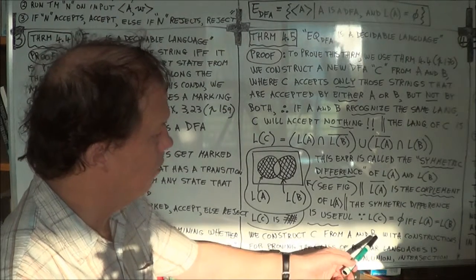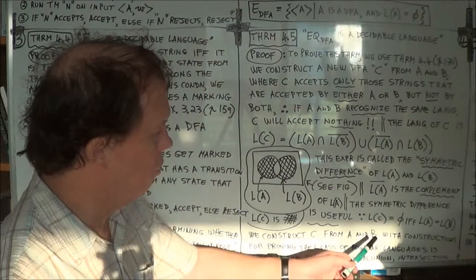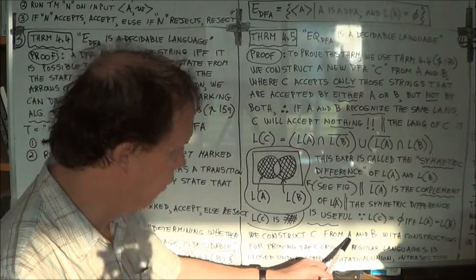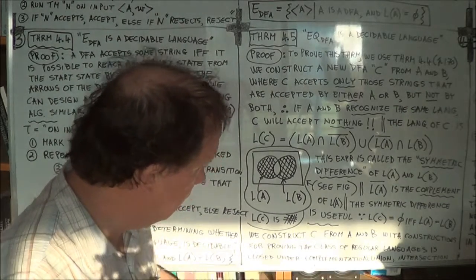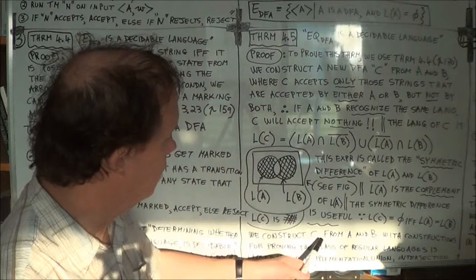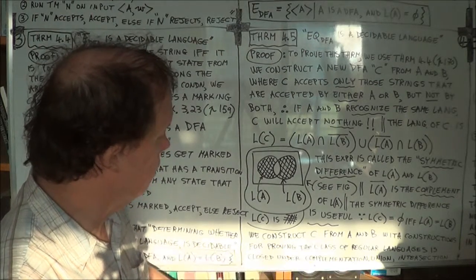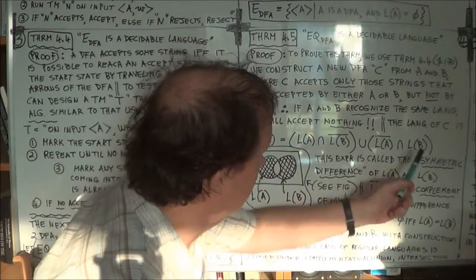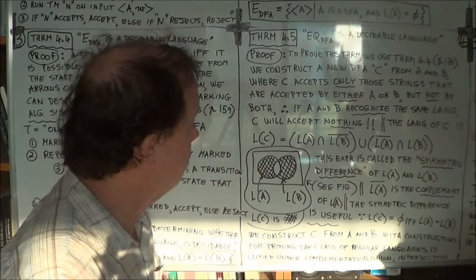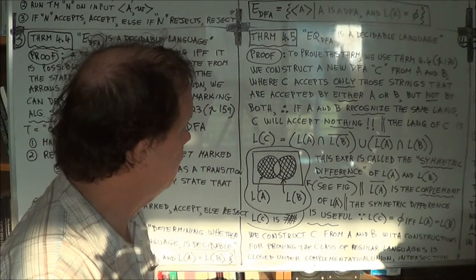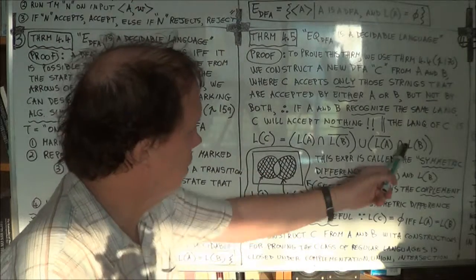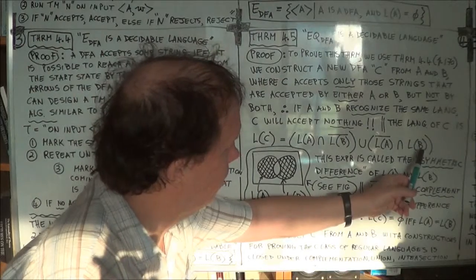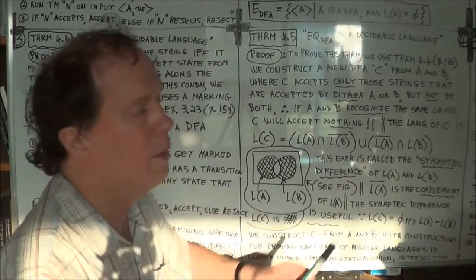Go back to chapter 1, find the techniques you use to prove closure, and use those techniques to construct C from A and B. That will allow you to create a DFA that, using this symmetric difference formula, detects strings that belong to language A but don't belong to B, or belong to language B and don't belong to language A.